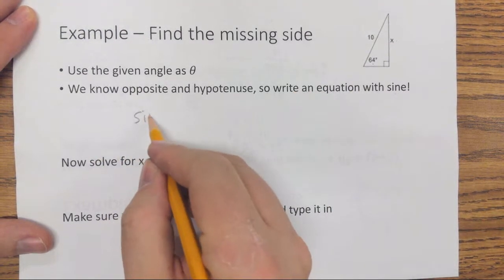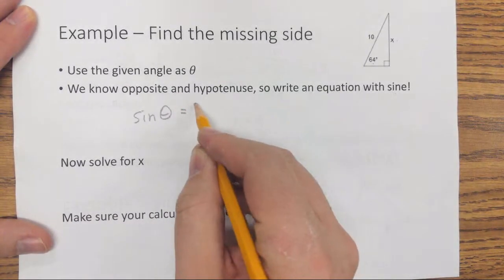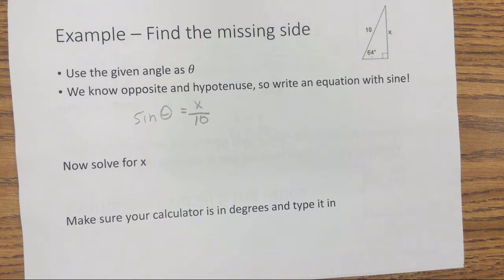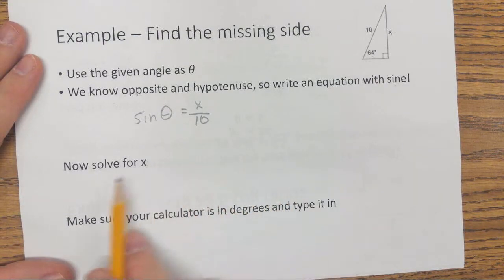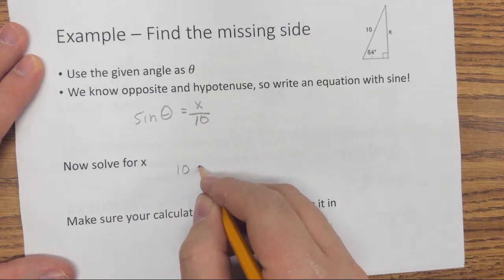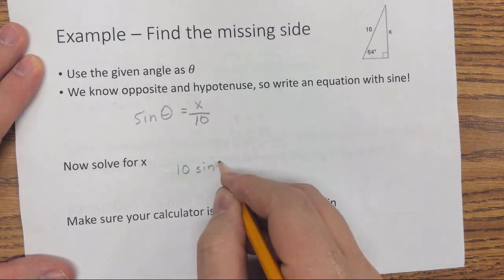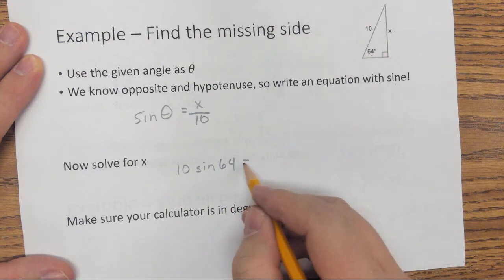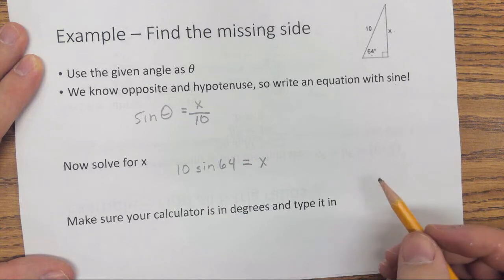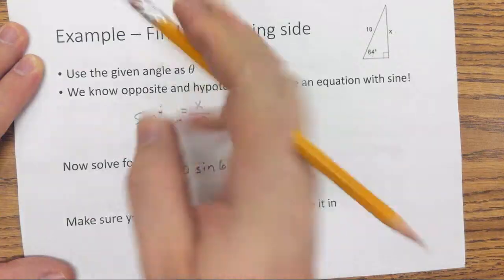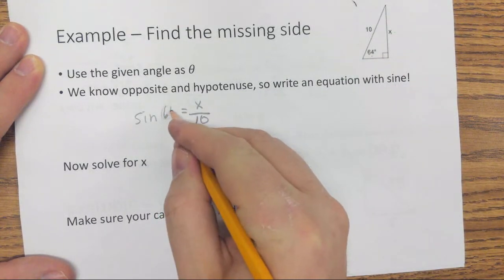So sine of the angle is equal to x over 10. Which means we're going to solve for x, which tells us that 10 times the sine of the angle, which is 64, is equal to x. Sorry, this up here should have been the angle. 64.